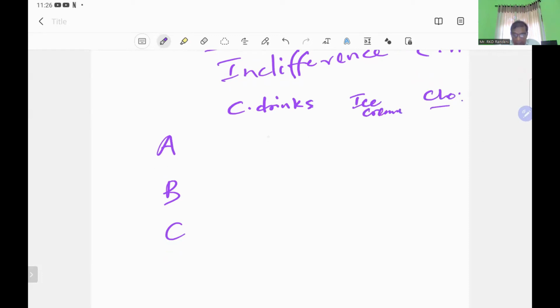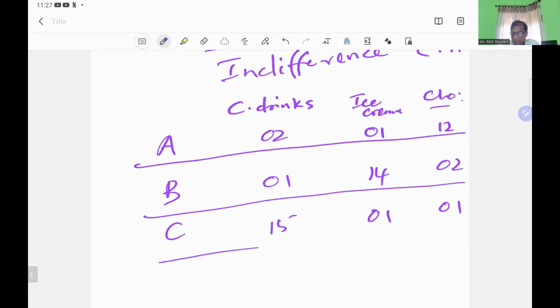Bundle A: cold drinks, 2; ice creams, 1; chocolate, 12. Then commodity bundle B: here 1, then 14, here 2. Then next: 15, 1, 1. There are 3 commodity bundles: bundle A, bundle B, bundle C.